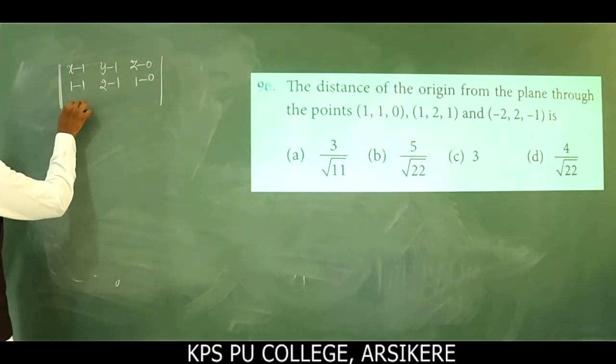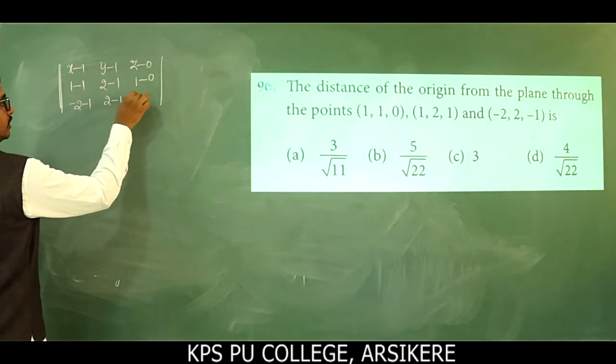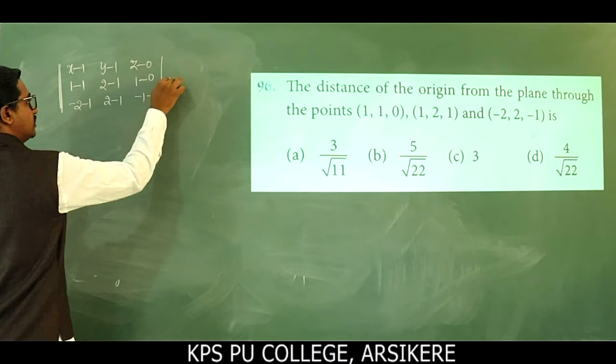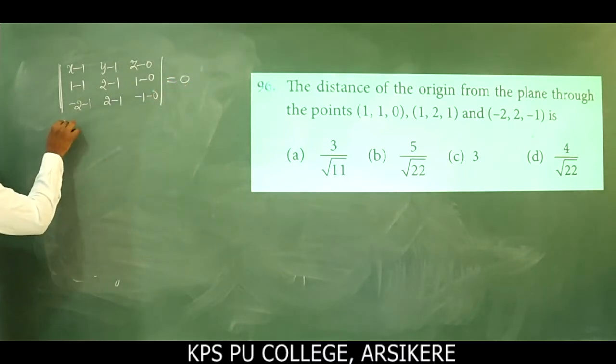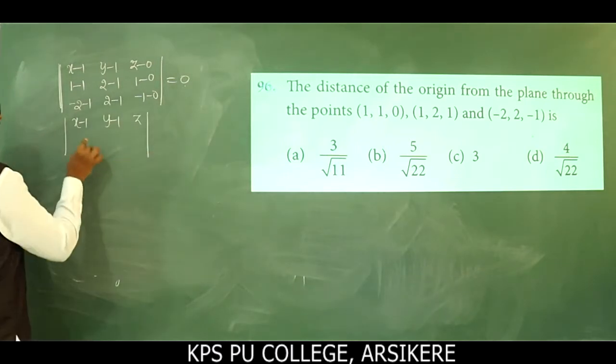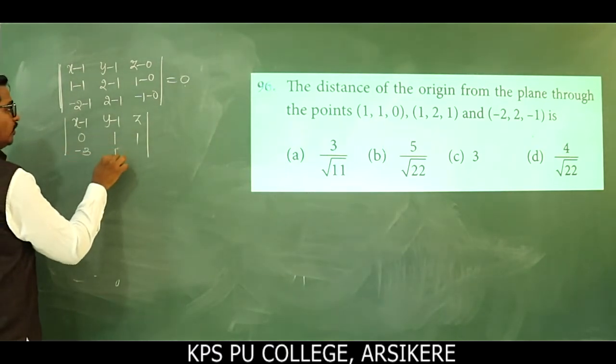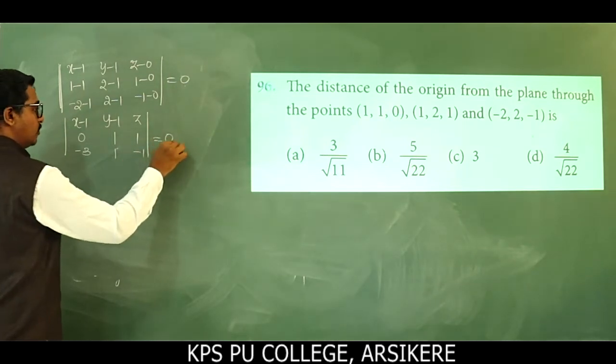And the third row, minus 2 minus 1, 2 minus 1, and minus 1 minus 0. That is equal to 0. So this becomes x minus 1, y minus 1, z. Second row, 0, 1, 1. Third row, minus 3, 1 and minus 1, that is equal to 0.